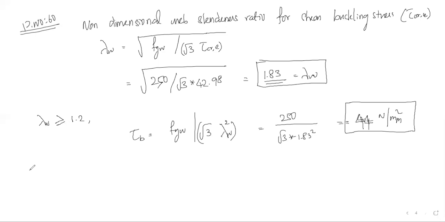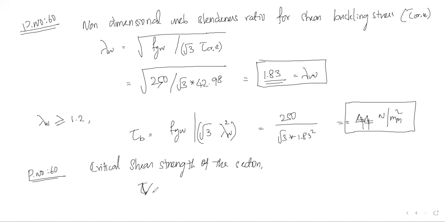So from page number 60, we have the design shear strength or critical shear strength of the section, VCR, that is area of web portion multiplied with tau B. The condition is VCR should be greater than V, then only our section is safe to transfer the shear.